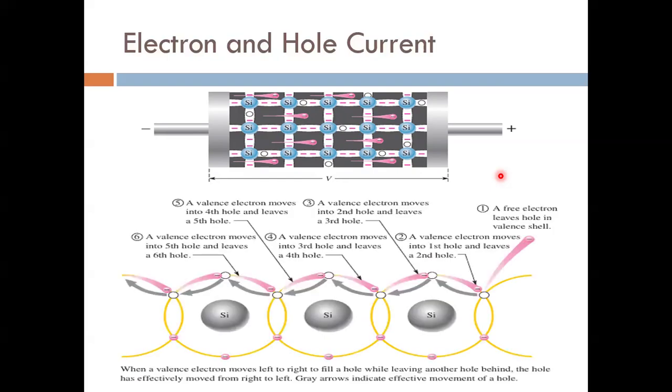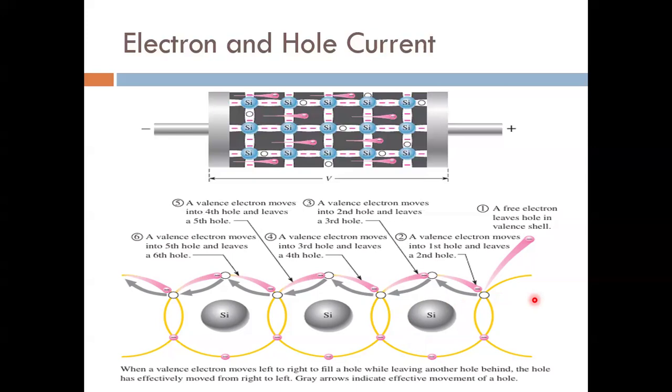The same thing we can see from this diagram in a more detailed view. We can see these electrons are moving from left to right. So they are leaving a vacancy, a hole, in the left direction. So we can say the holes are moving from right to left.